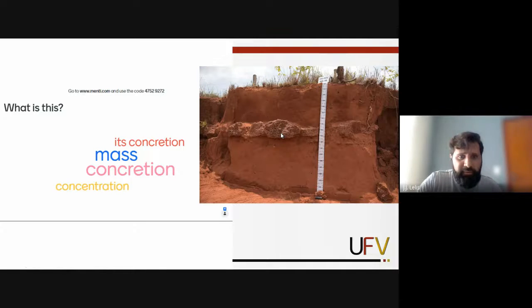So probably these are cemented, so it's not a mass, okay. And I can't see any kind of layers or a pattern here, so it's just some voids, some voids here, and an iron material, so it's a concretion, okay, but which kind of concretion?